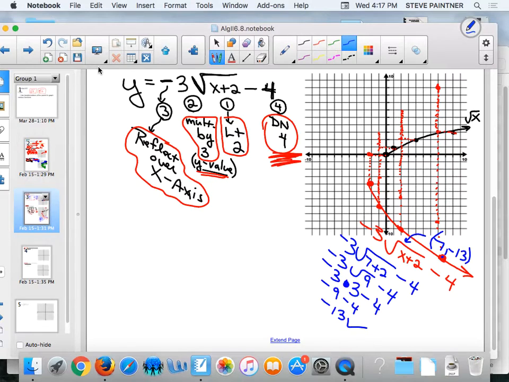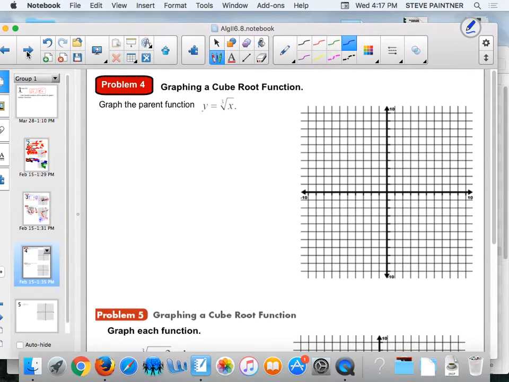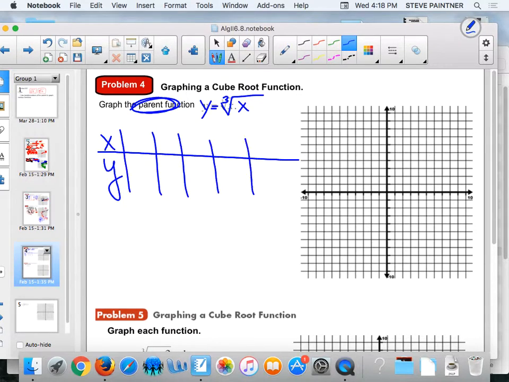Okay, next. The cube root function. This is the parent. This is something you don't know much about yet, but this is not too hard to graph. When it comes to cube roots, you can take the cube root of 0, positive numbers, negative numbers. Also, after 1, another perfect cube is 8 and -8.